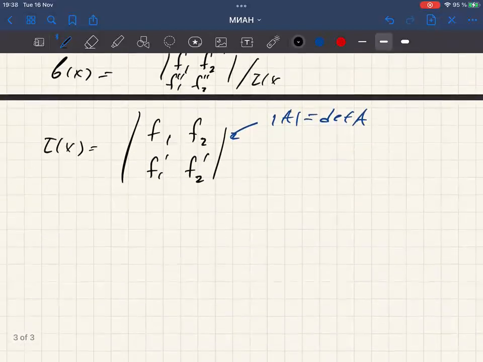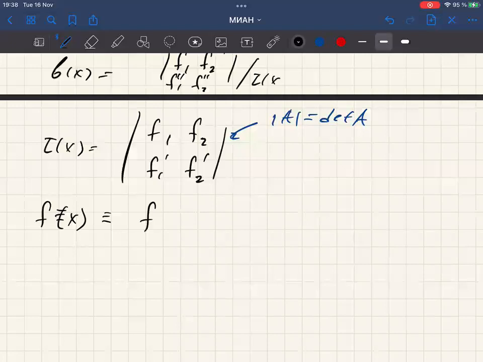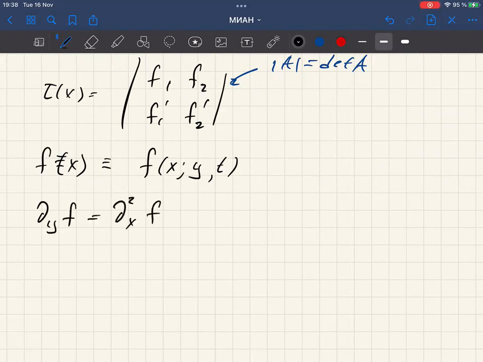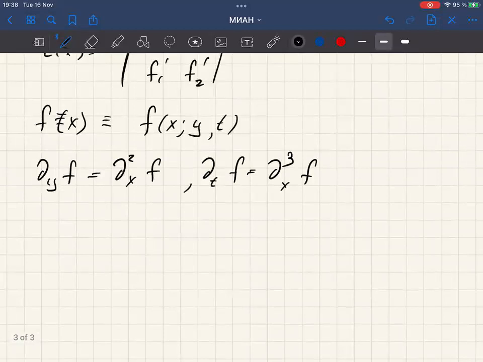But now we want f of x to be dependent on parameters. Call them x, y, and t, with such dependence.